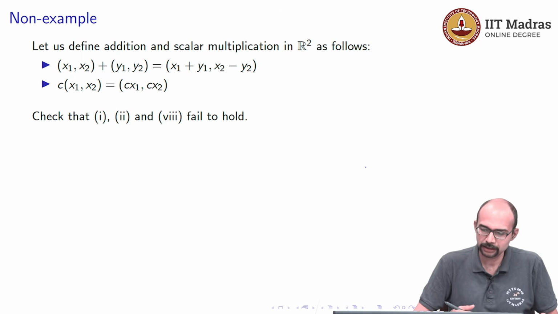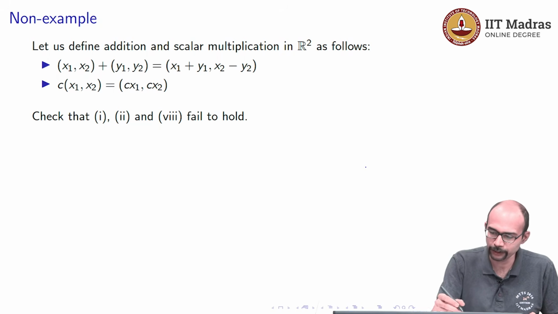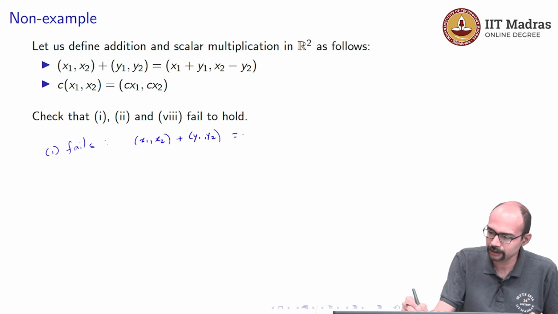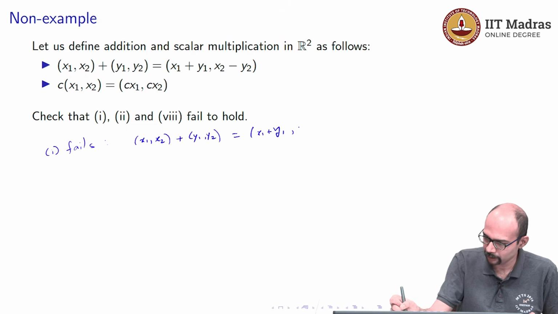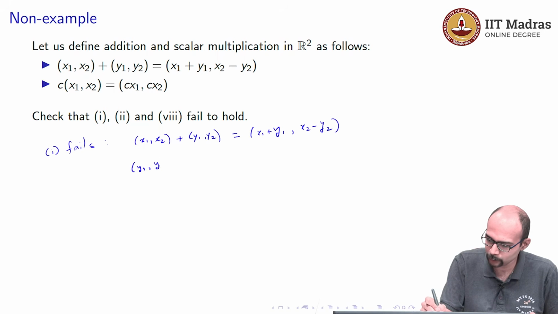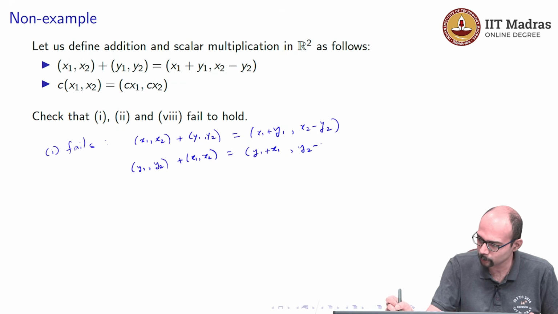So first of all, just to get a feel for this, let's check that 1 fails. So 1 fails. Why does 1 fail? Because if I do (x1, x2) plus (y1, y2), well, that's written up here, that is (x1 plus y1, x2 minus y2), and if I do (y1, y2) plus (x1, x2), then I get y1 plus x1, which is not a problem, but the next term is going to give me y2 minus x2, and these are not the same, as you can see.